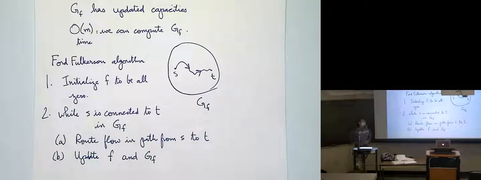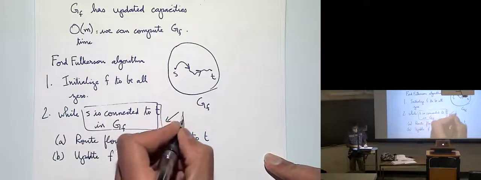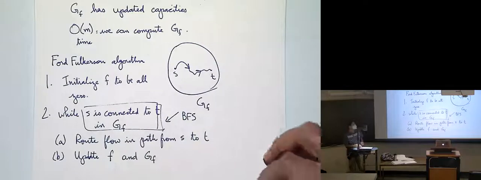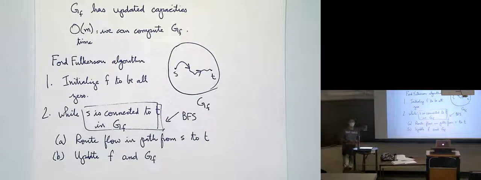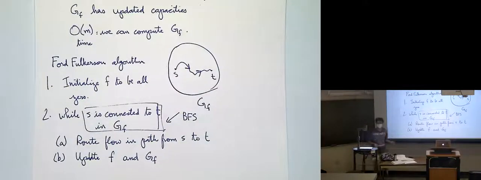That's it. It just says, well, if it's connected, which means there is a path, so this step you can do with a BFS. You can do it with a single BFS. Right? Because you compute the residual, then that's just a BFS to find a path.